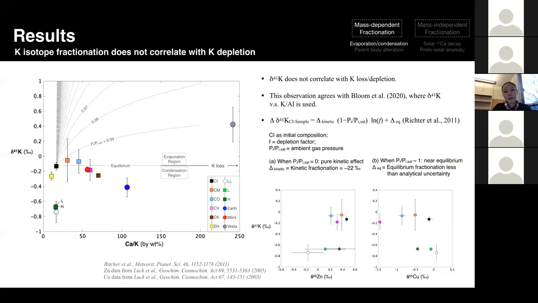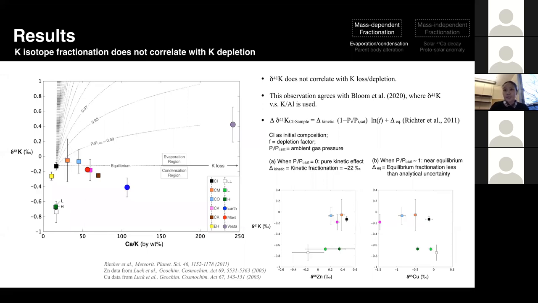Other moderately volatile elements were found to follow mass-dependent fractionation, like zinc in the impacting experiment. We also compare our potassium data with zinc and copper isotopes.